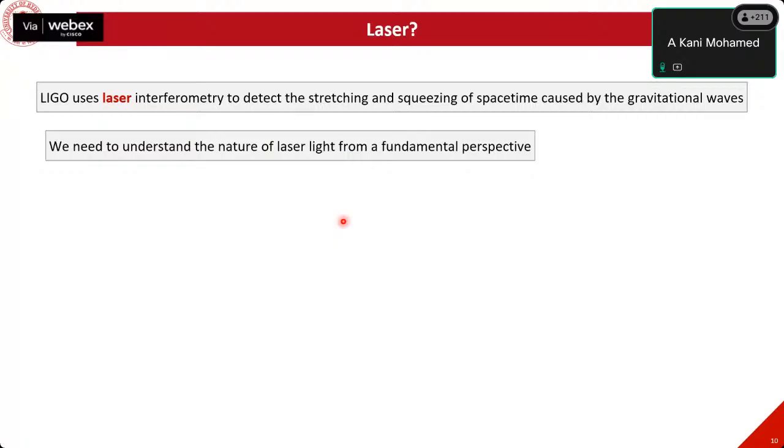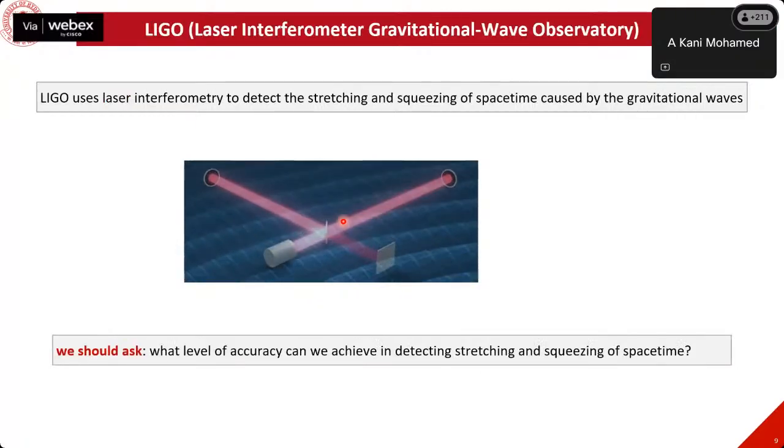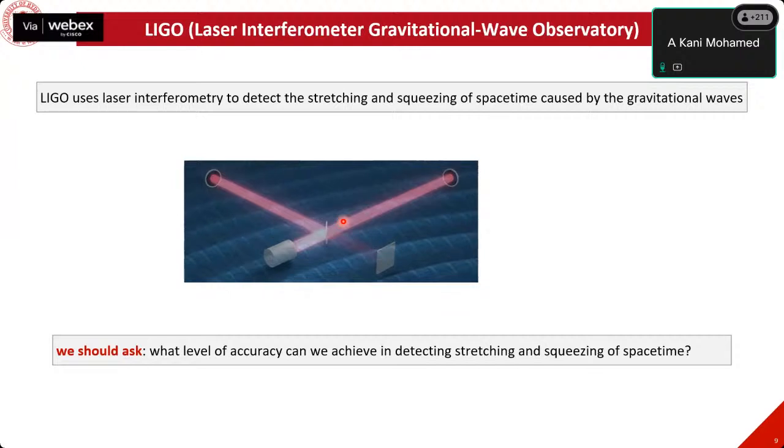LIGO is basically a Michelson interferometer, but a very huge one, and a slightly modified version of the Michelson interferometer that we will see in the future slides. It has 4-kilometer-long arms, and the interference is detected at the detector.